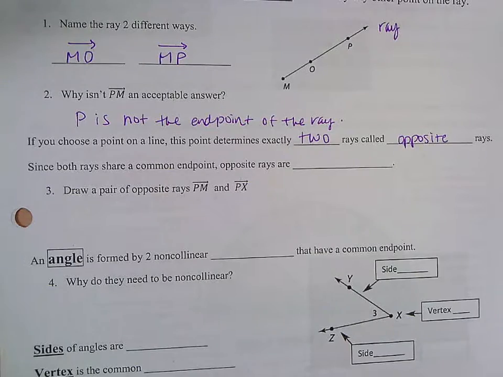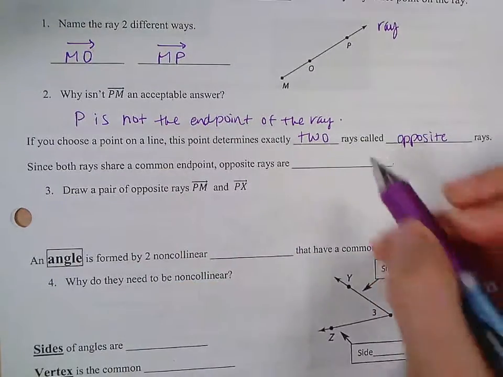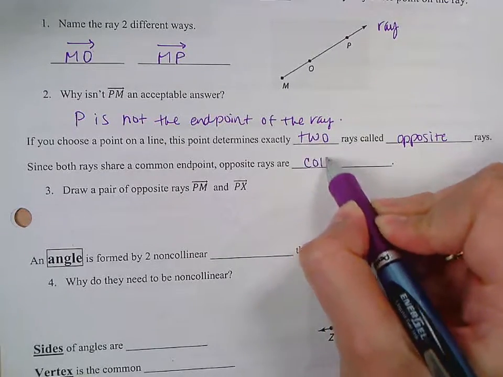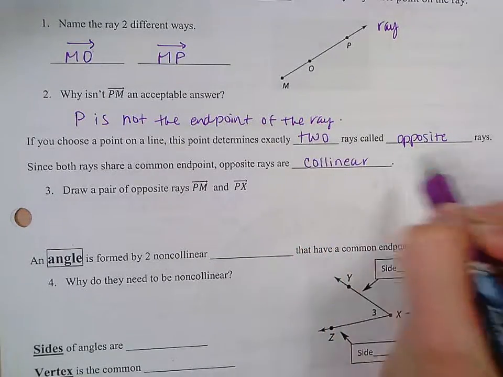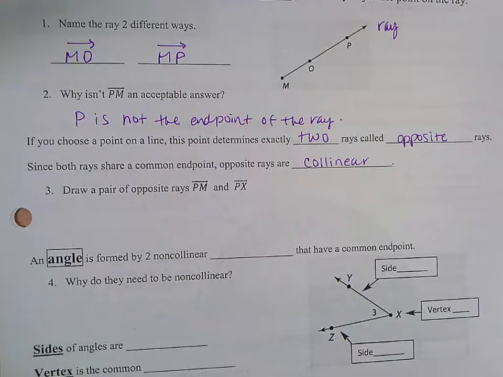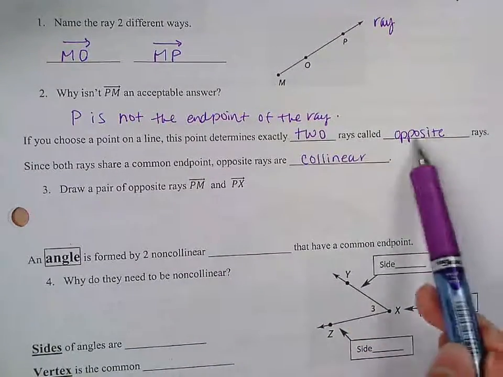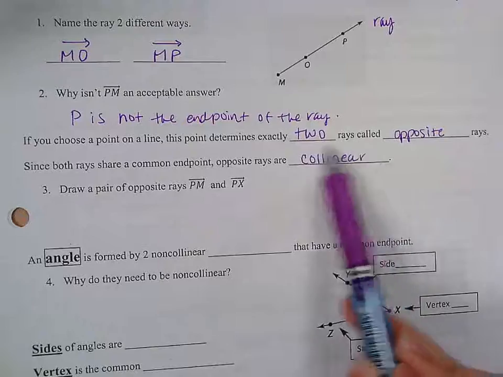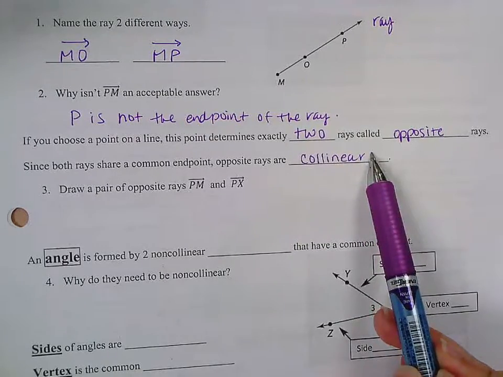And then since both rays have a common endpoint, opposite rays are collinear. What does collinear mean? Same lines are on the same line. So opposite rays form a line is another way to look at this.